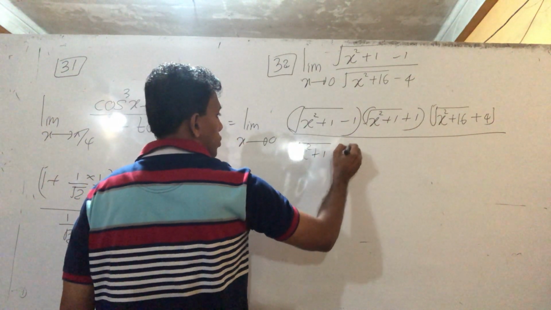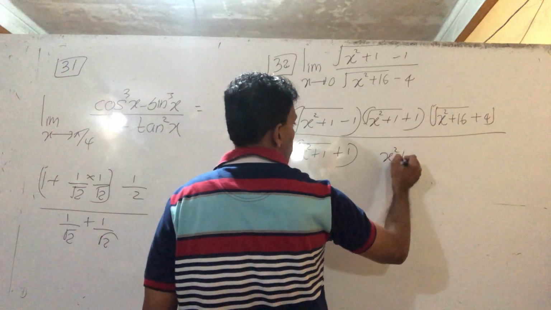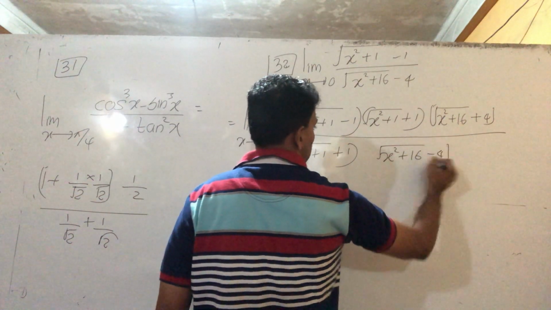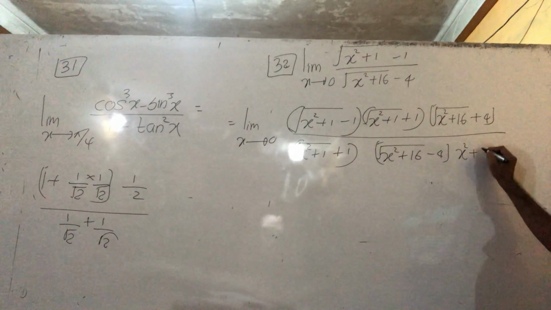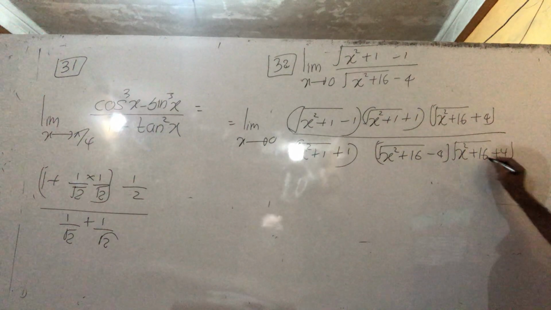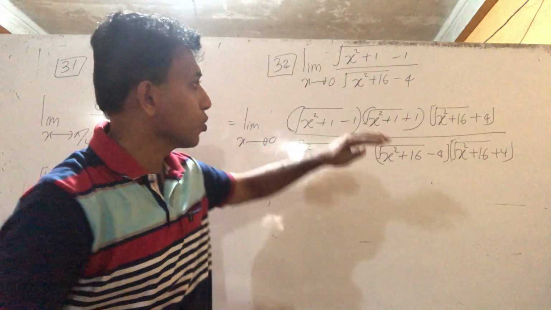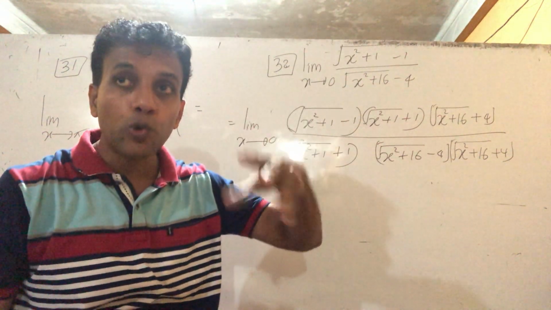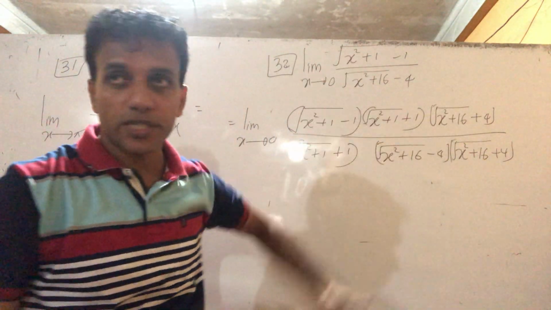Okay. And here square root x square plus 16 minus 4, its conjugate, square root x square plus 16 plus 4, right? Check that. Given problem 2 expressions only, but later it becomes totally 4 newly added expressions, 1, 2, 3, 4 using conjugates.